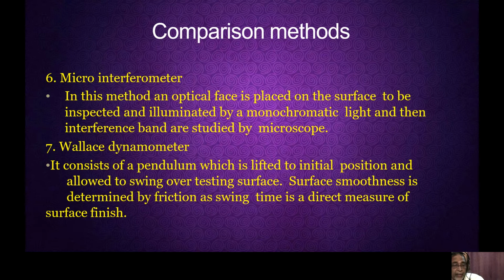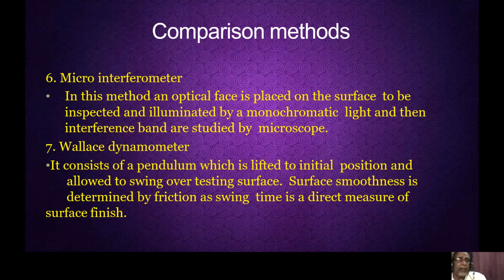Surface smoothness is determined by friction, as the swing time is a direct measure of surface finish.